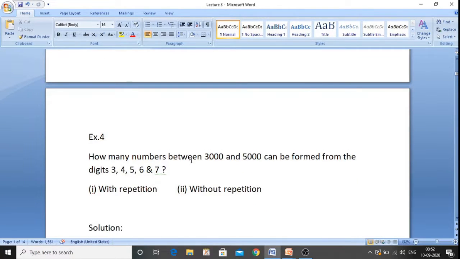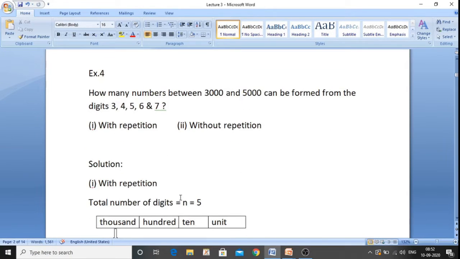How many numbers between 300 and 500 can be formed from the digits 3, 4, 5, 6 and 7? Now two conditions are given, with repetition and without repetition. Let us see the first condition, that is with repetition. Now count the total number of digits: 1, 2, 3, 4 and 5.